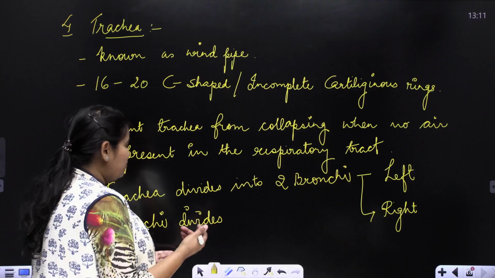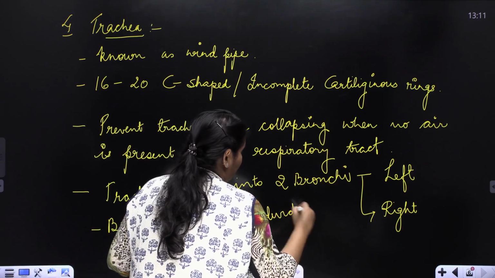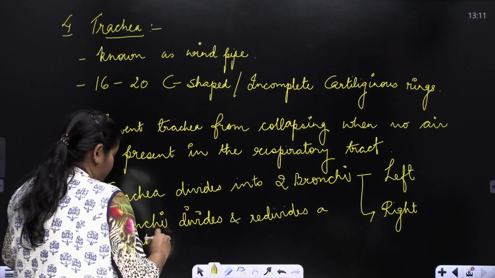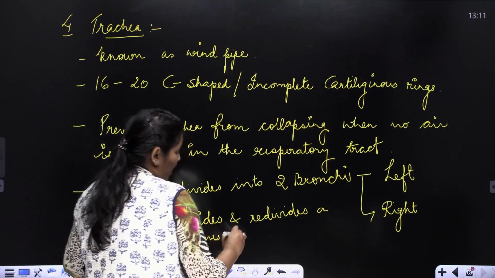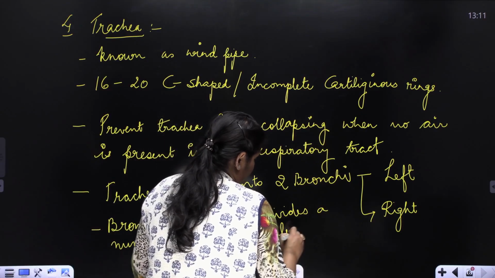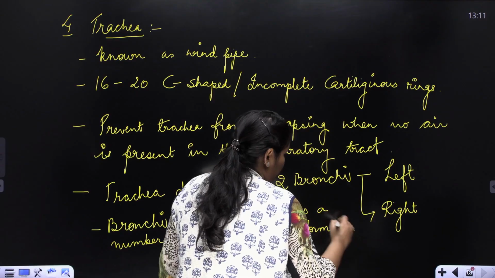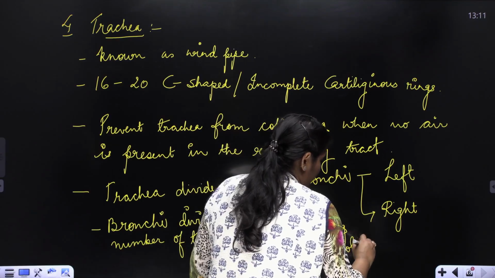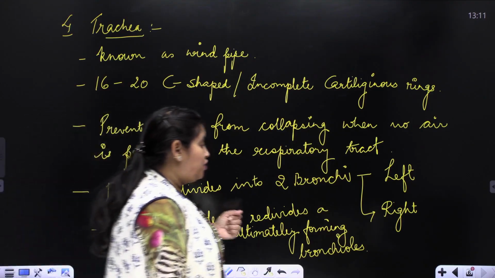I'm straight away writing that bronchi divide and redivide a number of times, ultimately forming bronchioles. All right. So I hope this part is clear to you.